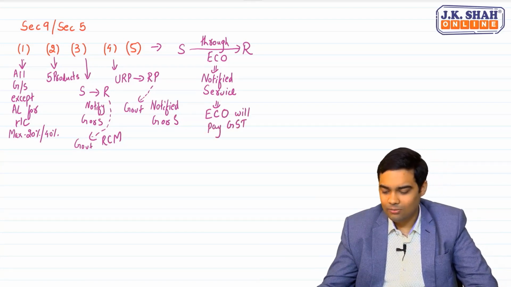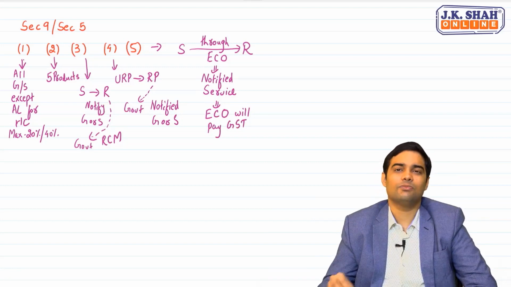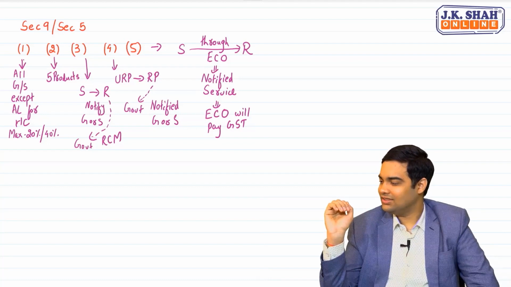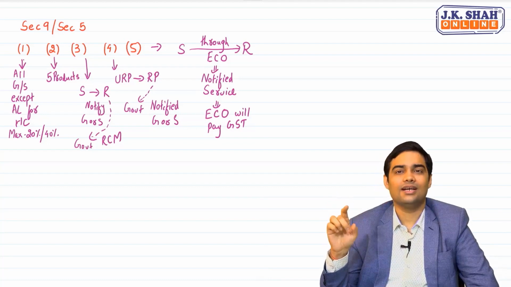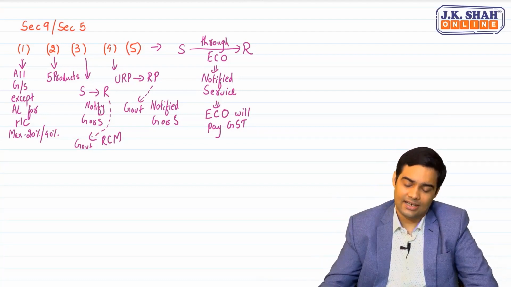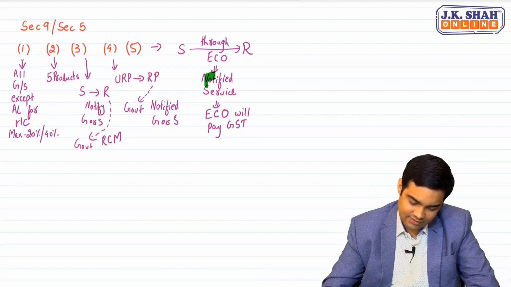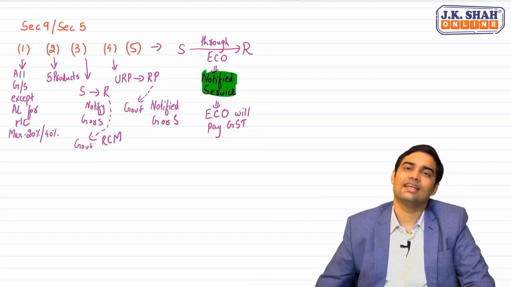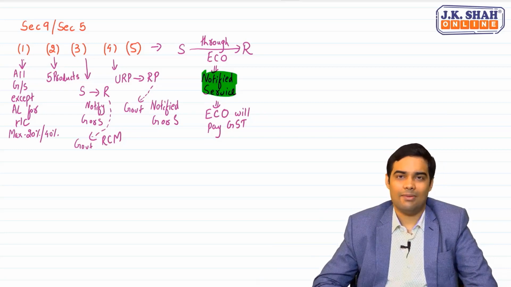So, e-commerce operator is made liable to pay GST, but there are conditions. Service through e-commerce operator plus it should be a notified service. Only when both the conditions are satisfied, then in that case 9.5 will get triggered. Otherwise, 9.5 will not be applicable.